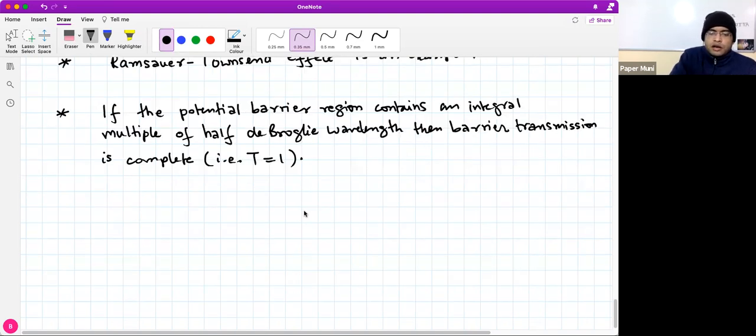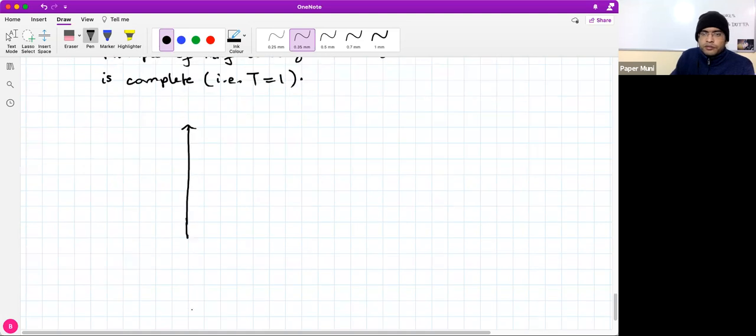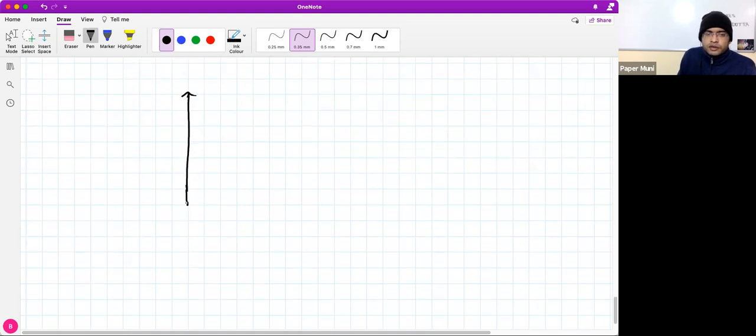Now how does the T look like? Let's talk about it. If we plot the T for the complete range, not just T equal to 1 which we had discussed, how does it look?